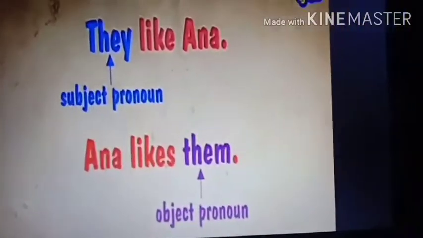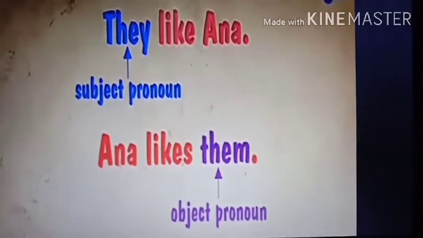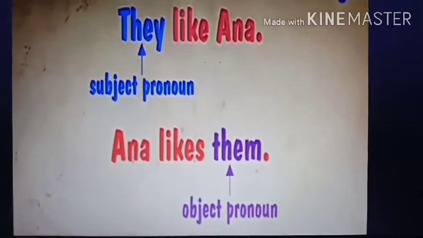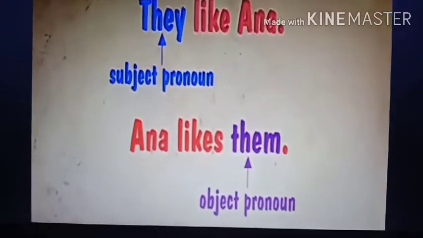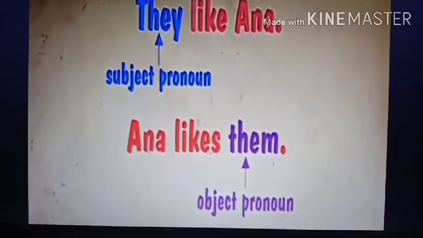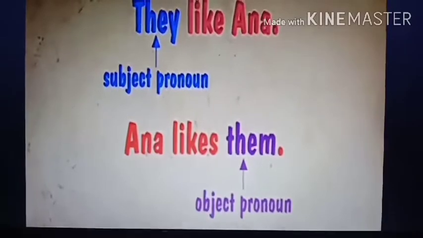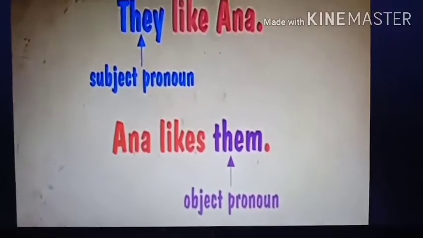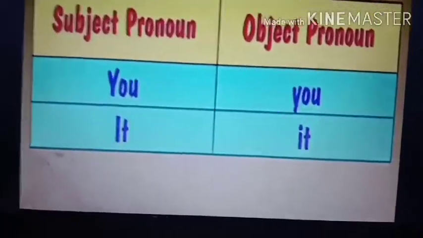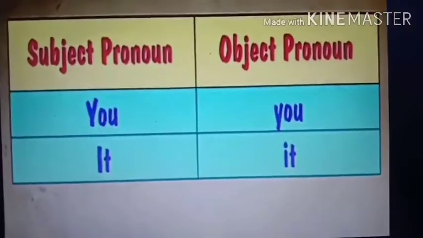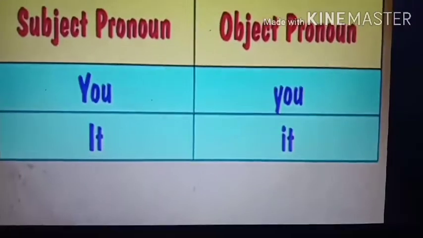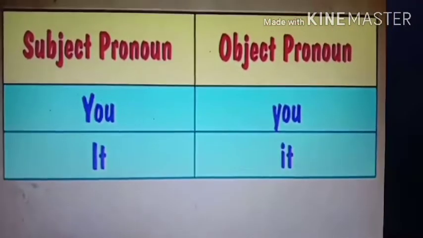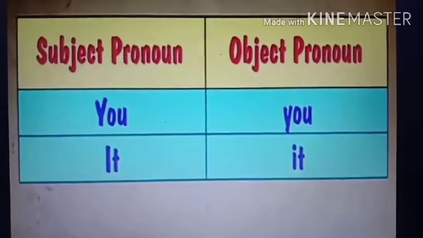Okay. So all the words have different object pronouns. For I, me. For she, it is her. For he, it is him. For they, it is them. And for we, it is us. But for you and it, the object pronoun remains the same. You and it will not change.